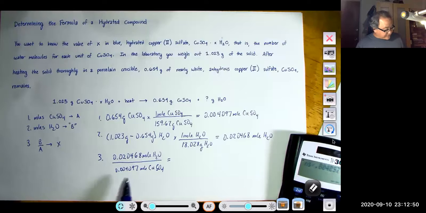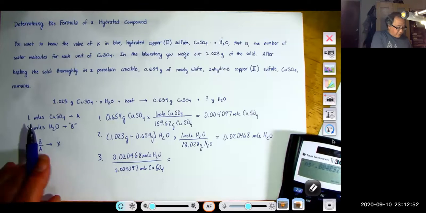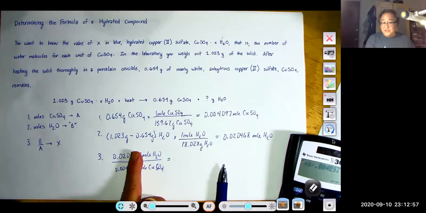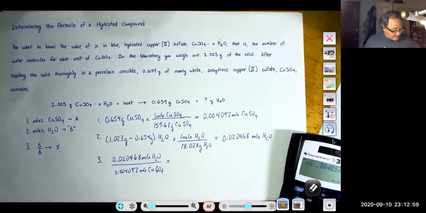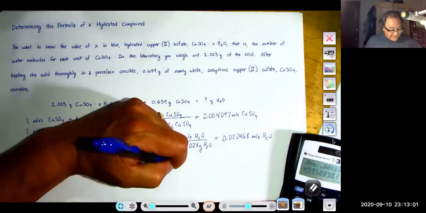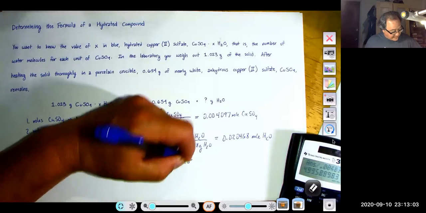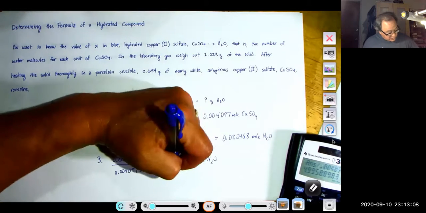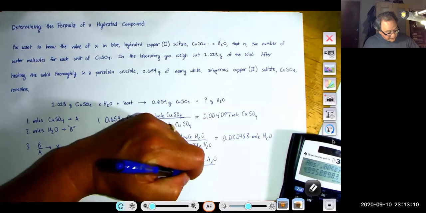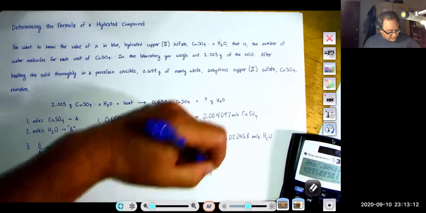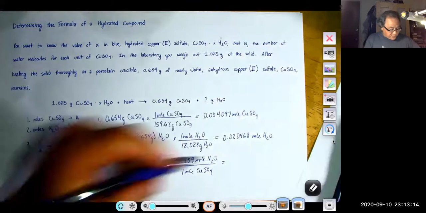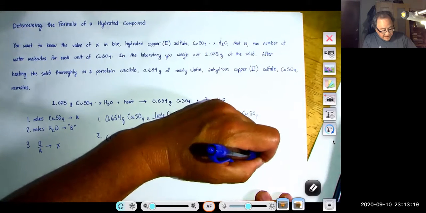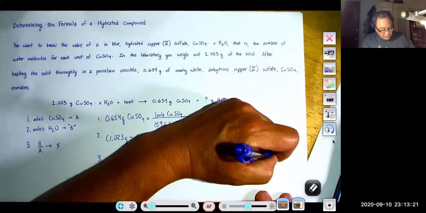And you can see that if you look at it this way and kind of cover this up, it's 4 into 20, so I should get 5. And I get 4.9959 mole of H2O to 1 mole of copper 2 sulfate, which means we're going to get copper 2 sulfate dot 5 H2O.